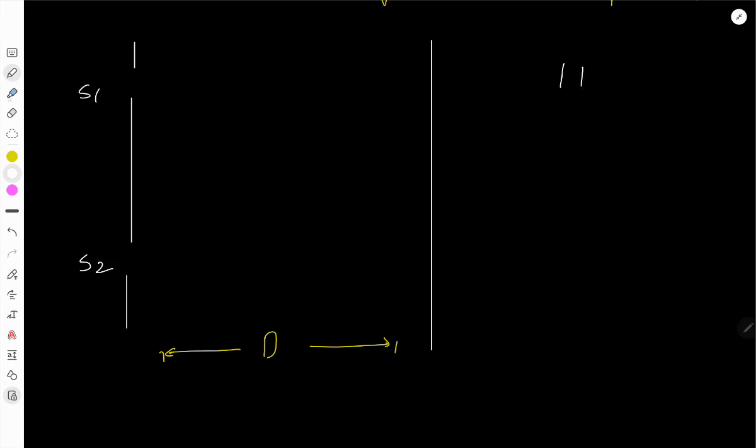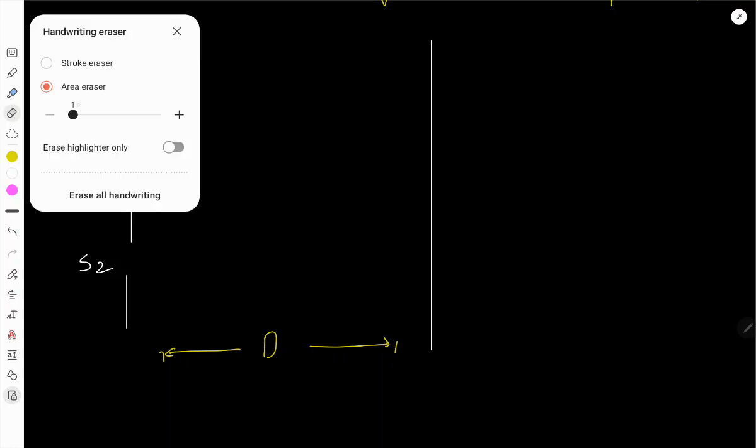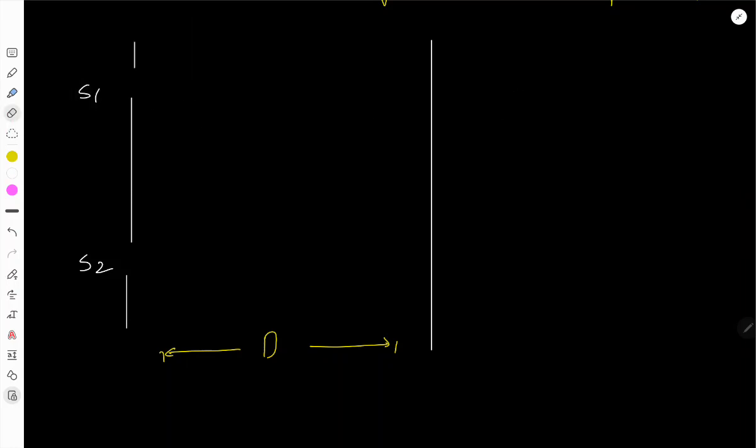So now I'll draw a paper. So here is this complete paper out of which only fine pieces are cut out like this. So now this is slit S1 and this is S2 over here, just right.